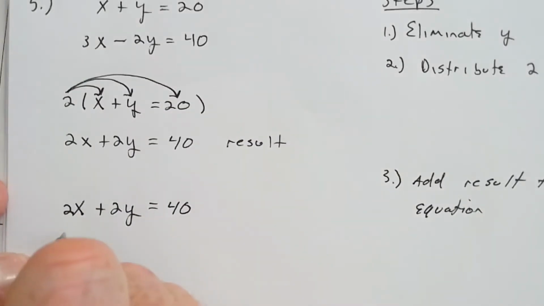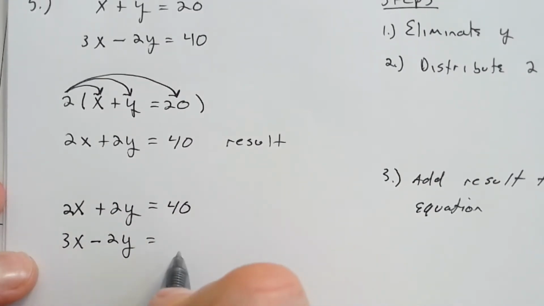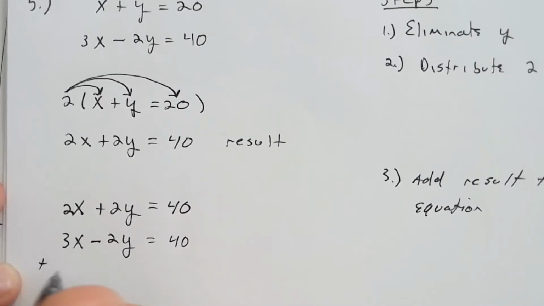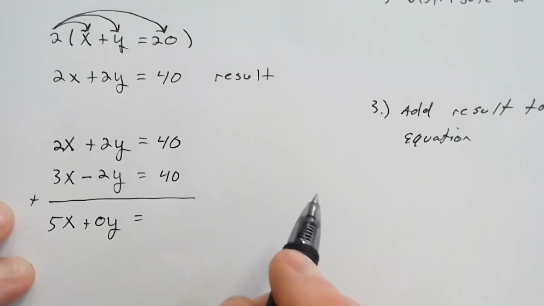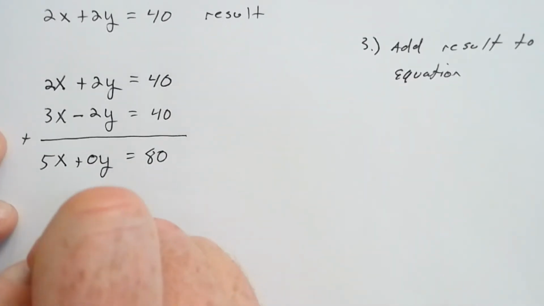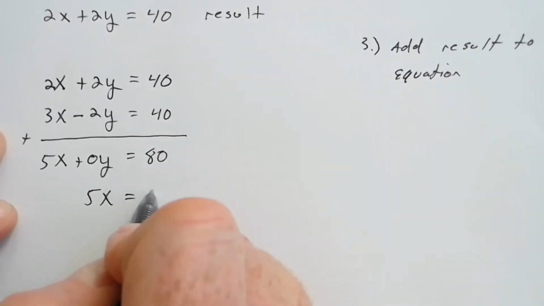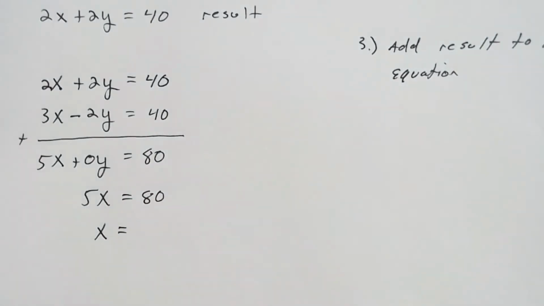And we're going to add that to 3x minus 2y is equal to 40. We have 5x plus 0y is equal to 80. We're left with 5x is equal to 80. So x is equal to 16.